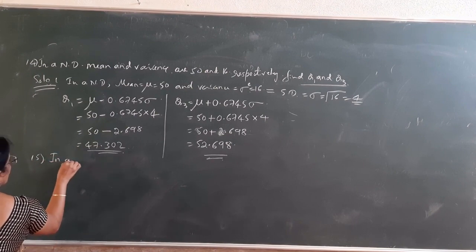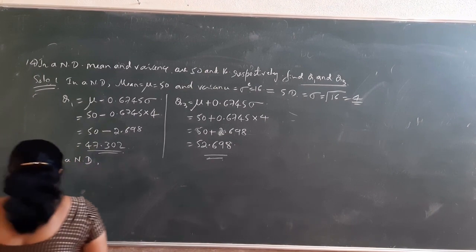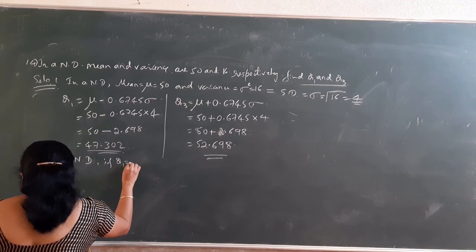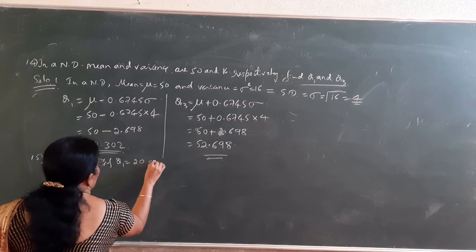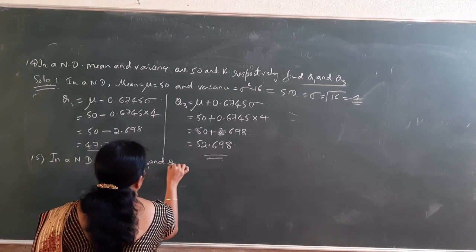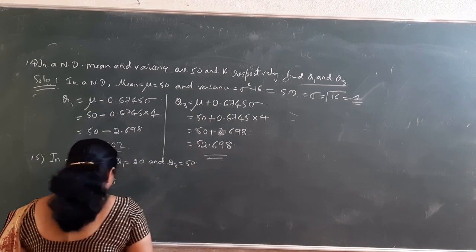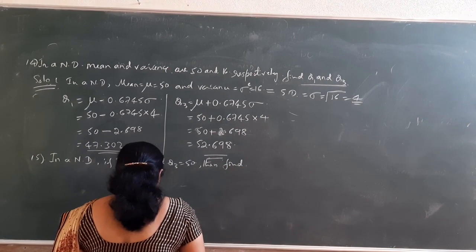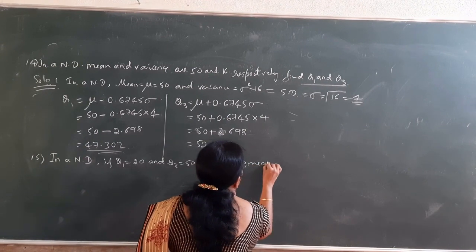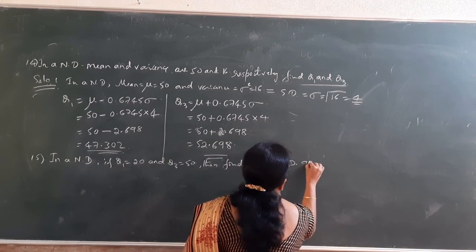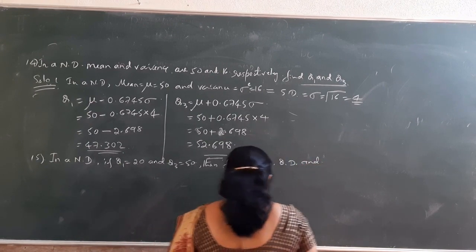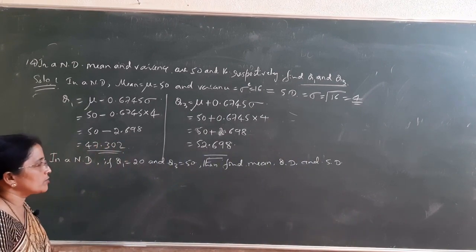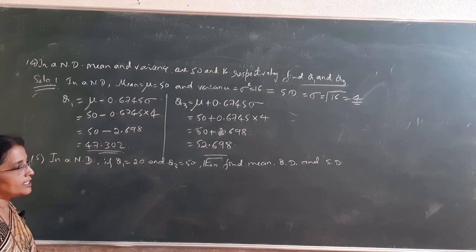In a normal distribution, if Q1 equals 20 and Q3 equals 50, then find the mean, quartile deviation and standard deviation.